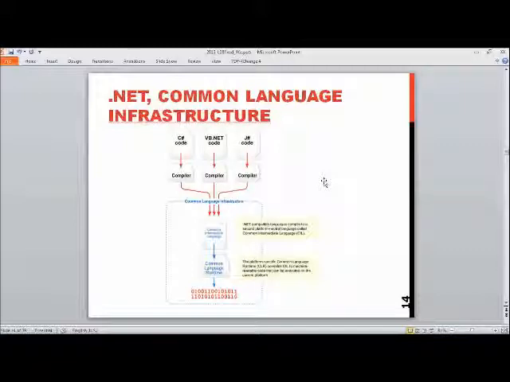So you can use something like Python and then compile both these things through the defined common language architecture and end up with two modules which are able to exchange messages or function as parts of a same system.